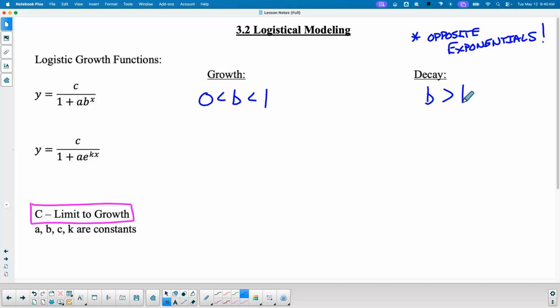If you're using your exponential function as a natural log e value, then your k value here would be less than 0, and your k value here would be greater than 0. Because with e functions, exponentials base e, positive k means it's growing, negative k means it's decaying.